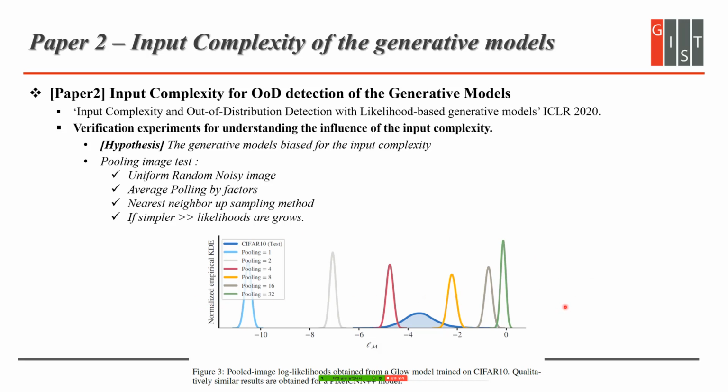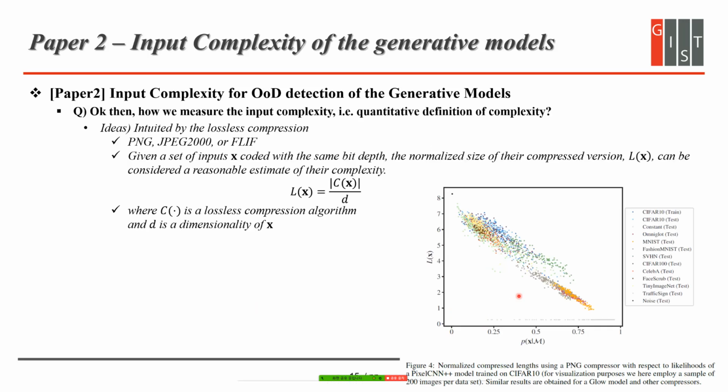So by checking the likelihood values of this artificial dataset, we also see the result that likelihood values go higher as the input complexity goes lower. So to get some value for measuring the input complexity, the authors ask the question: Okay, then how do we measure the input complexity in the image?